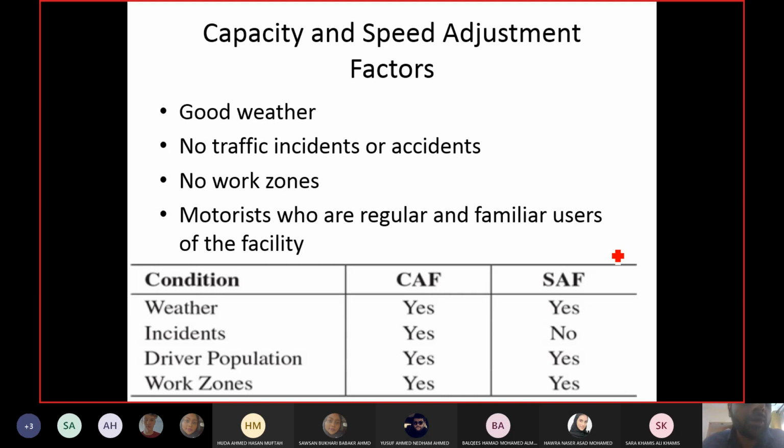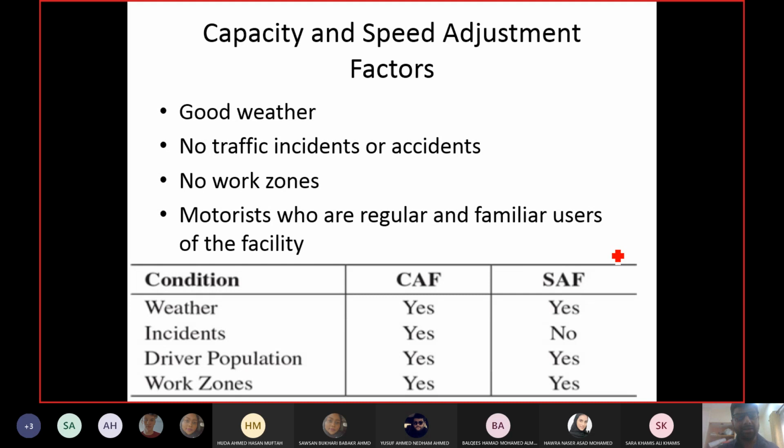Now, for each condition, you will calculate the adjustment factor separately for speed and capacity. So we have an adjustment factor for weather for speed, for weather for capacity, for traffic accidents for speed, and traffic accidents for capacity, and so on.